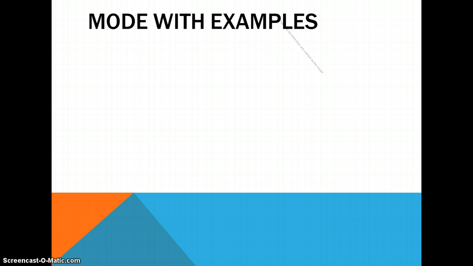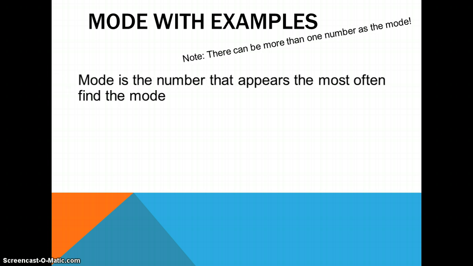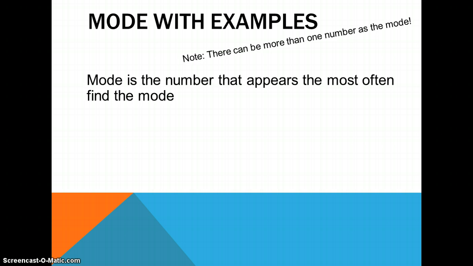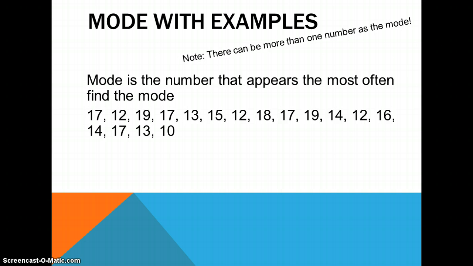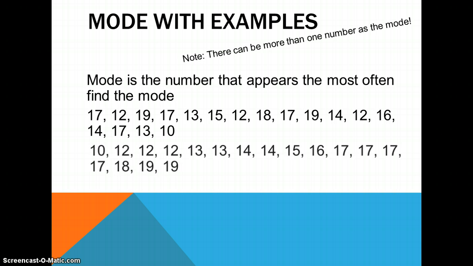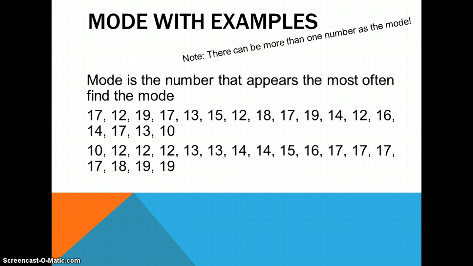The mode is the most common number, and note that there can be more than one number as the mode. So if this is our group of numbers, you don't have to, but I find it rather helpful to organize the numbers, and then once you do that, you look at which one has the most multiples.